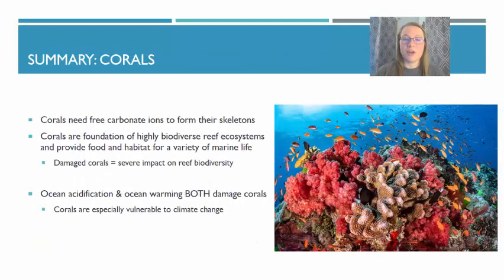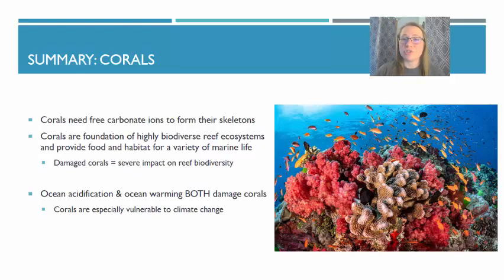So a bit of a summary here on the corals. Remember, corals need free carbonate ions to form their skeletons, and those corals are the foundation of an incredibly biodiverse ecosystem. Remember, the most biodiverse marine or aquatic ecosystem is going to be a coral reef.